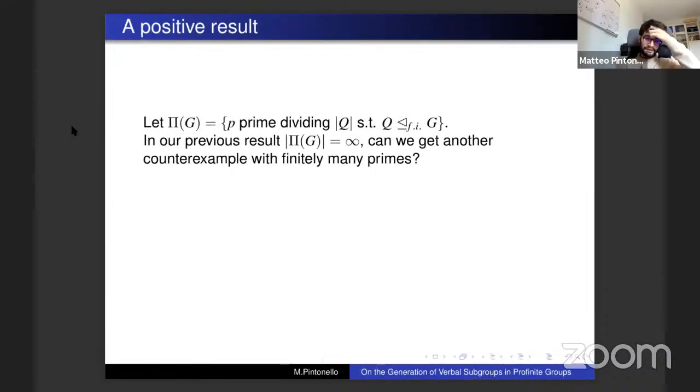Now, we have obtained a negative result, but as I said, we have infinitely many primes involved.